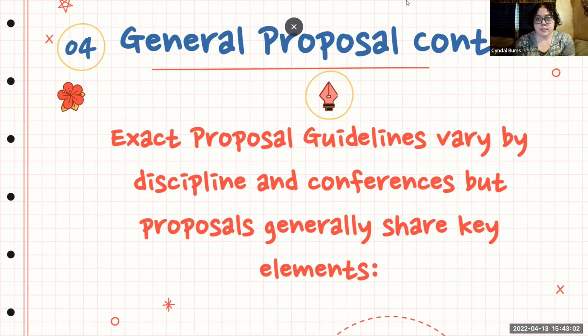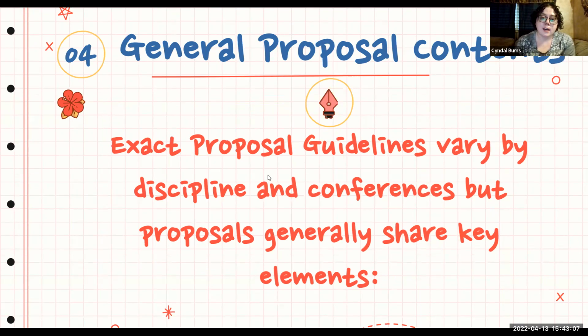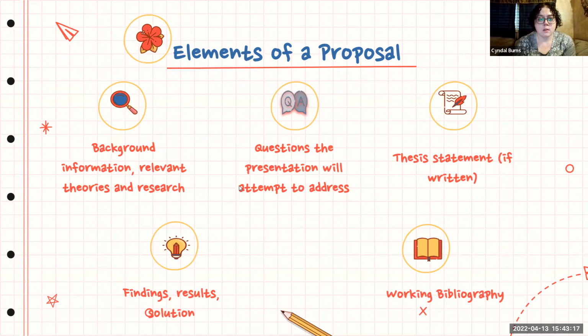The next section we're doing is the general proposal content. Exact guidelines vary by discipline and conference, but they all have these key elements. There we go. So: background information, relevant theories and research, questions the presentation will attempt to address, and a thesis statement if you've written one already. Sometimes, because they can be so far apart, you might not have your actual paper or presentation written, so you may not have a thesis statement.